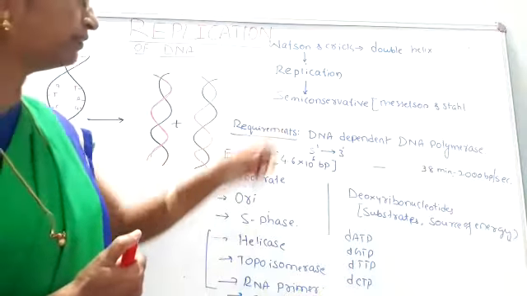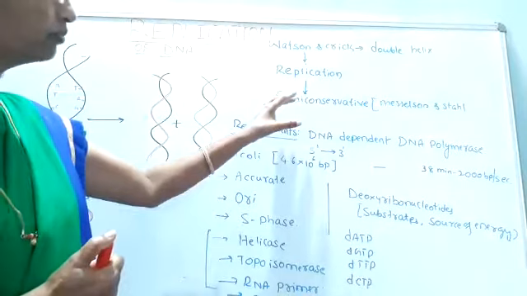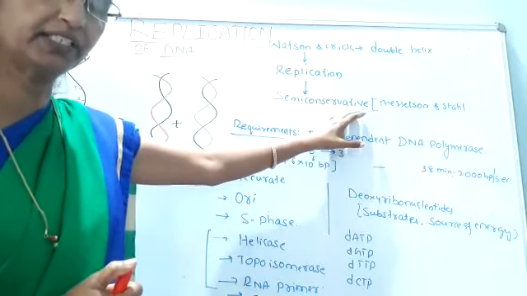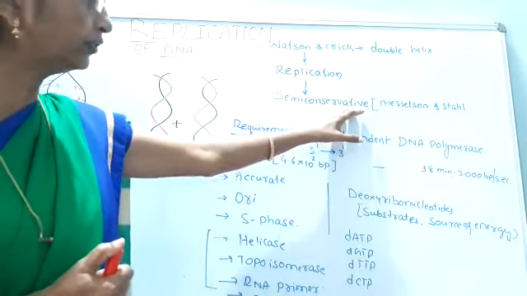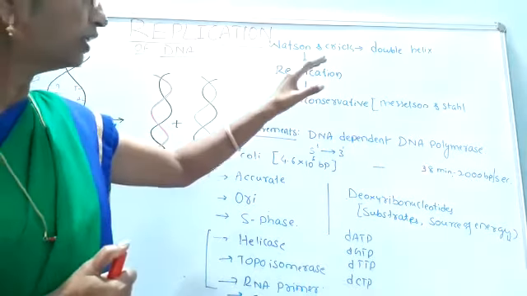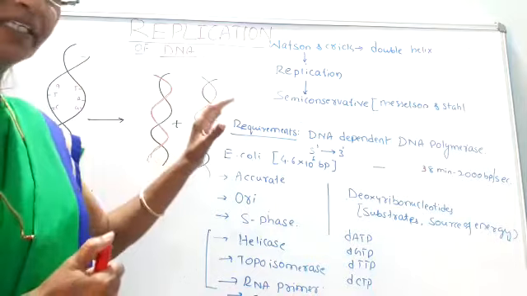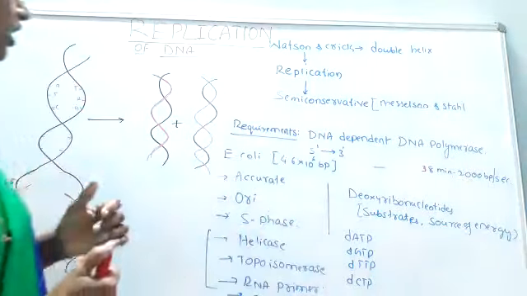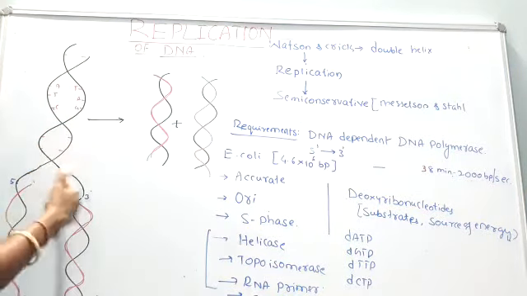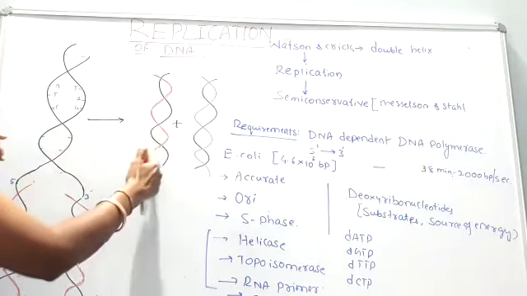Apart from that, the scientists Meselson and Stahl proved that DNA undergoes replication by the semi-conservative method. Then what is semi-conservative replication? Let us recall the definition. In the replication of DNA, a mature parental DNA, when it undergoes replication, forms two daughter DNAs.